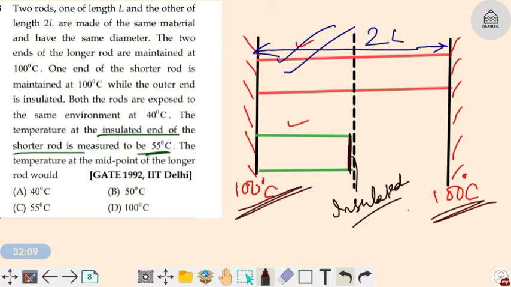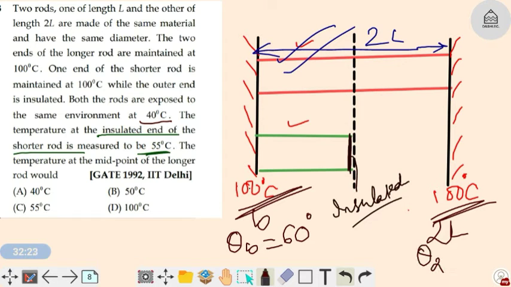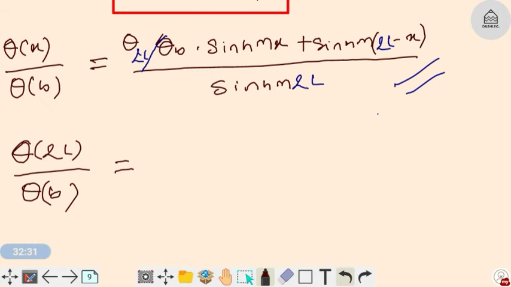So this is the base plane and this is the 2L plane. Theta b is 100 minus 40, that is 60, and theta 2L is also 100 minus 40, that is 60. So these both are equal, that is 1.